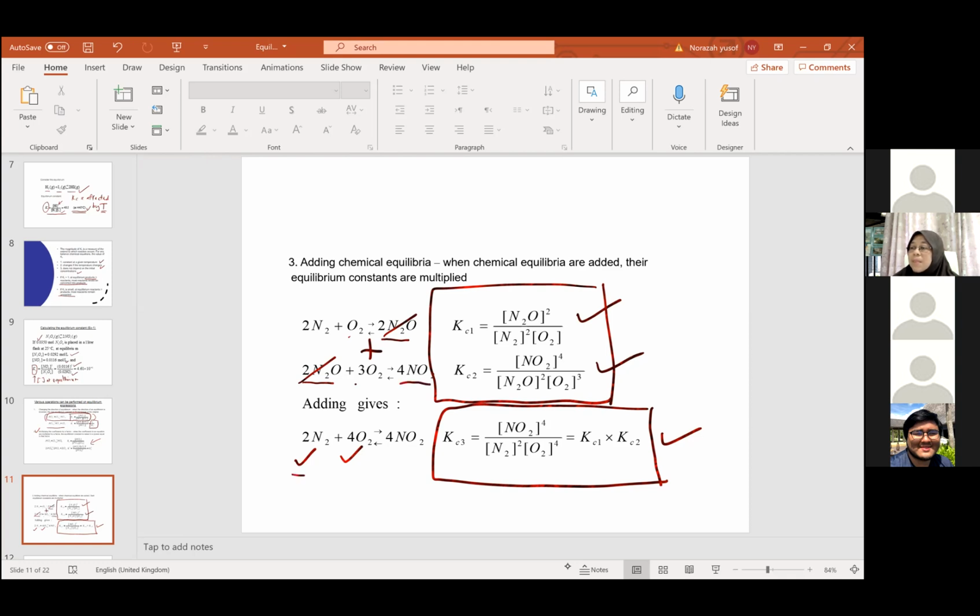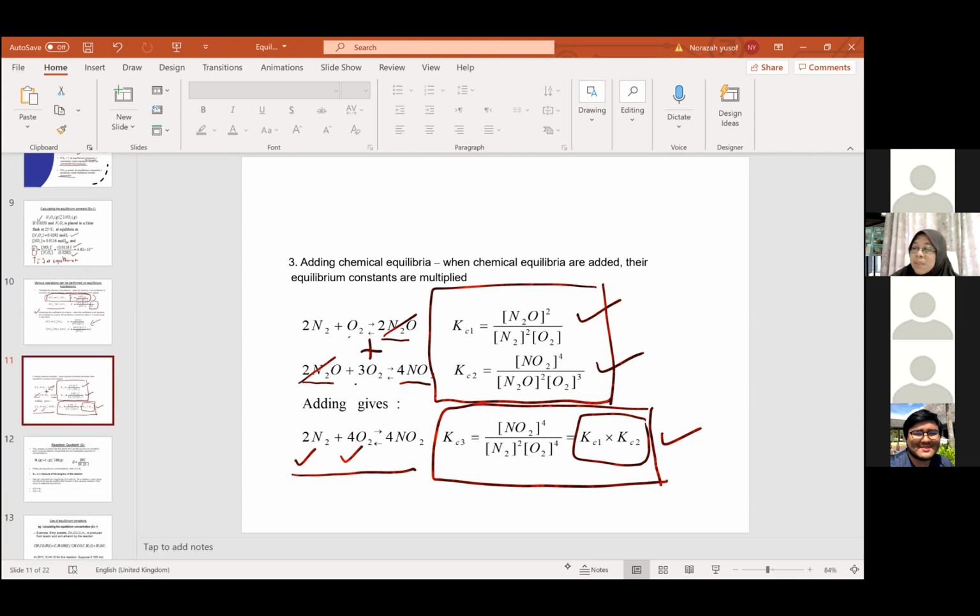So this is the final equation when you add these two equations, but the equilibrium constant is Kc1 times Kc2. You don't add up the value of Kc, you multiply the Kc. So this is an example of mathematical operations.